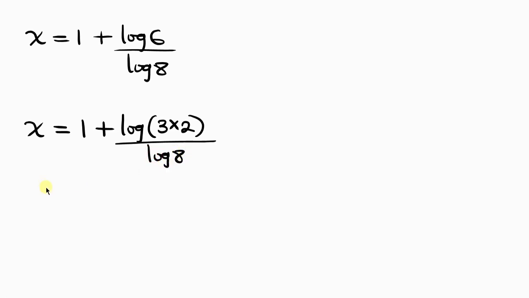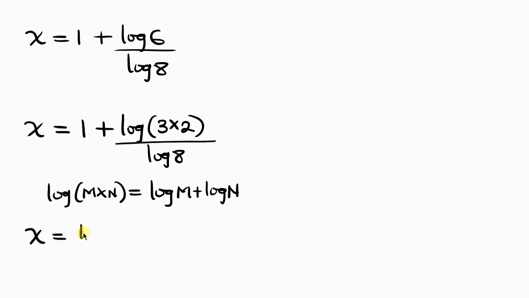Now let's apply the law of logarithm over here, which says when I have log m times n, just as we did in our previous slide, this is equal to log m plus log n. Let's apply this to what we have here. So we have x equal to 1 plus, now this becomes log 3 plus log 2, all over log 8.